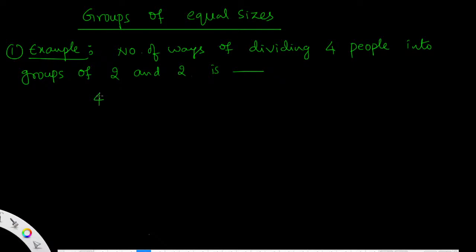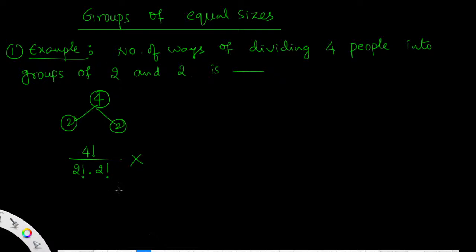So the total present people are 4. Then we can divide them into 2 groups of people. Let one group size be 2, another group size be 2. But as per the previous concept, we would directly write 4 factorial by 2 factorial into 2 factorial.